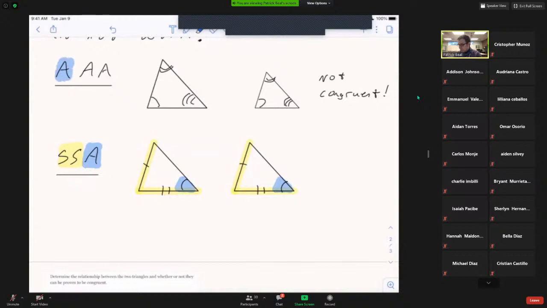Neither does angle, side, side. As you're going through the homework, just be aware of those as two shortcuts that do not work.